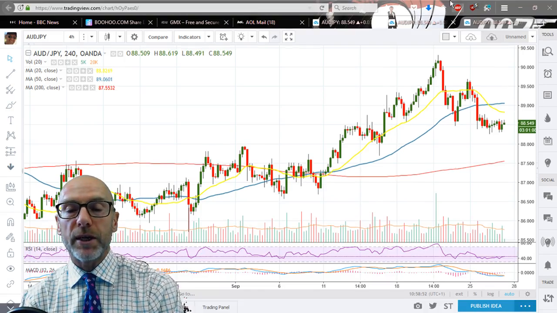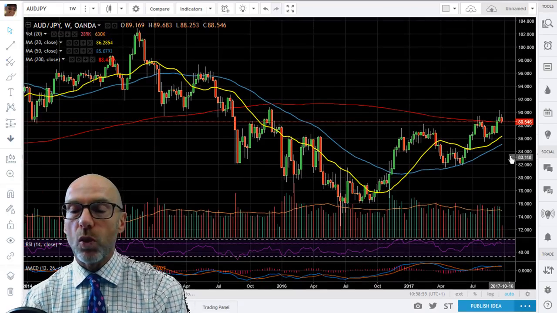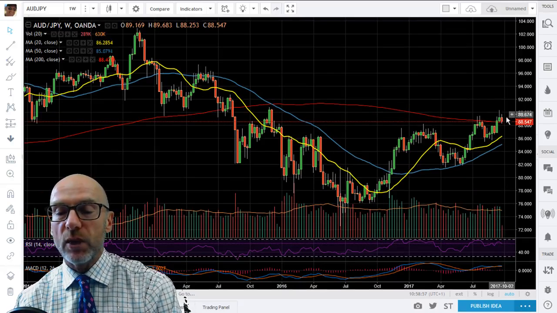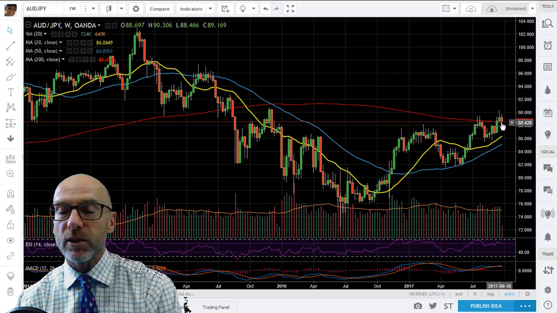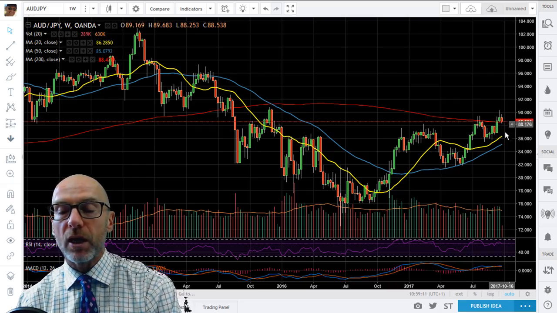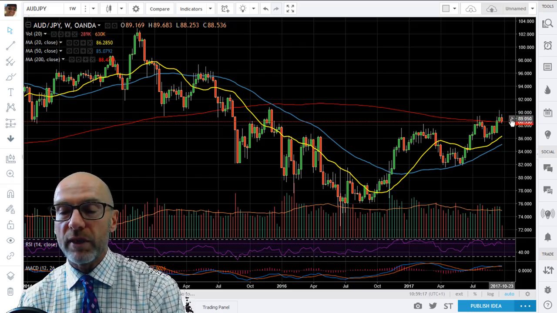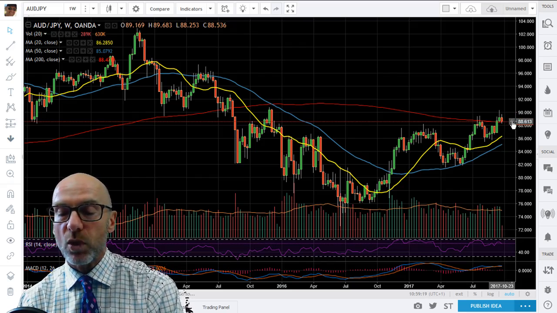Now the picture on the weekly, here each candle represents 1 week, and you can see that we've pulled back to the support of the 200 week moving average. That's still moving down but is turning. If we can hold at that level, that could bode very well for when that 200 does turn back up, because the 20 and the 50 are accelerating towards spot, and then we could have a golden cross down the road.